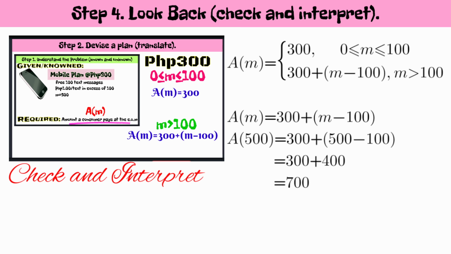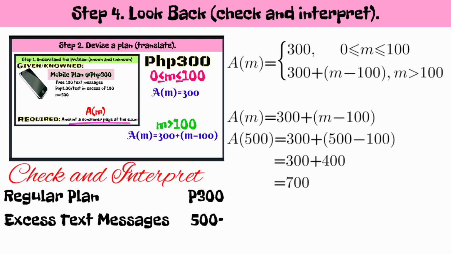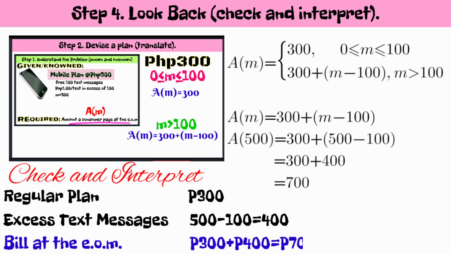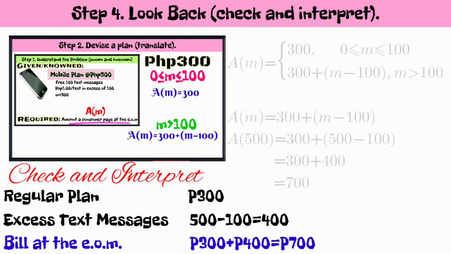The amount that the consumer will pay is the regular monthly plan of 300 plus the excess. The excess is 100 subtracted from 500, so that is 400, times 1 peso per text message, so that is 400. 400 plus 300 is 700. So our answer is correct, or makes sense.